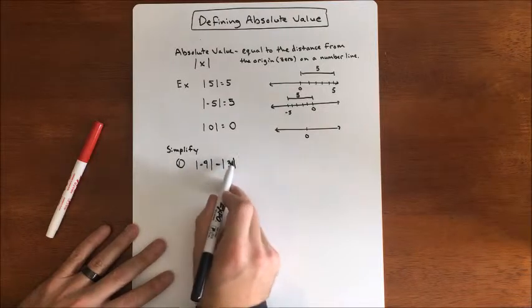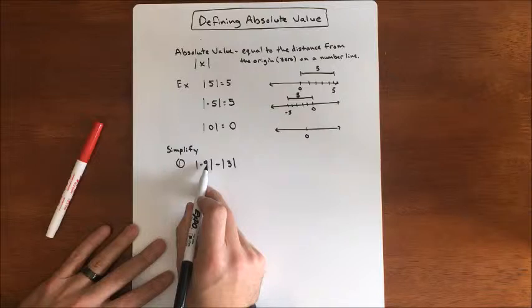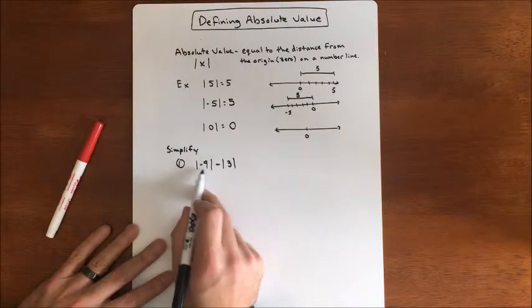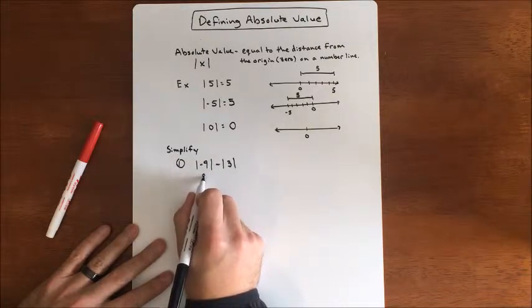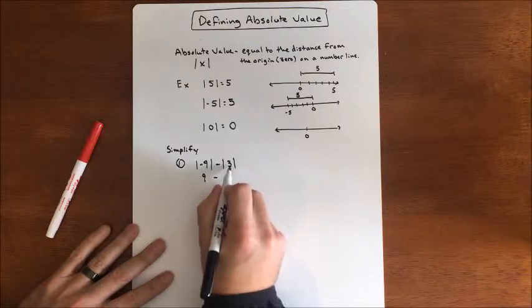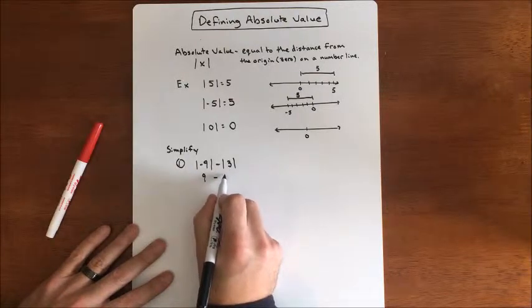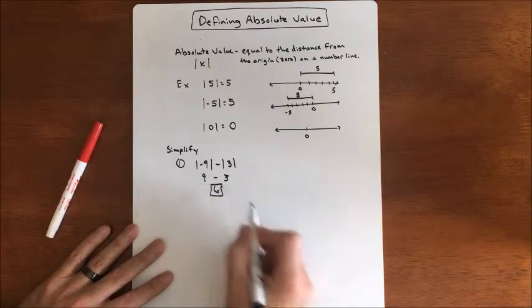We can't subtract them quite yet because of order of operations. Absolute value is kind of like parentheses. We have to work on the inside first. So the absolute value of negative 9 is positive 9. The minus has nothing to do with the absolute value, so we'll just bring that down. The absolute value of 3 is 3, and 9 minus 3 will turn out to be 6.